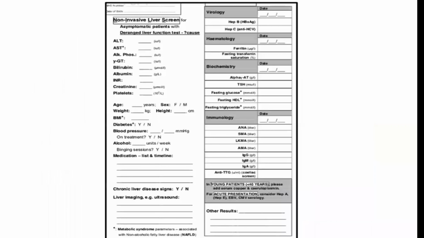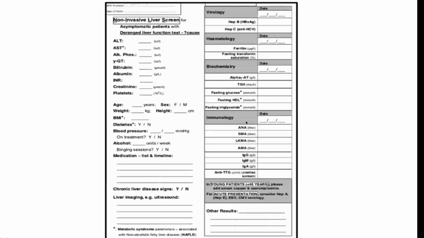So going on to a non-invasive liver screen, or NILS, this is what it looks like. So on the left-hand side over here, you've got everything that you did in your LFT. You can pop them down there. You need to get information about the patient, like their age, weight, sex, etc. Then on the right-hand side, these are specific things that you need to think about and order. So you need to think about your viral Hep, so Hep B and Hep C antigens.